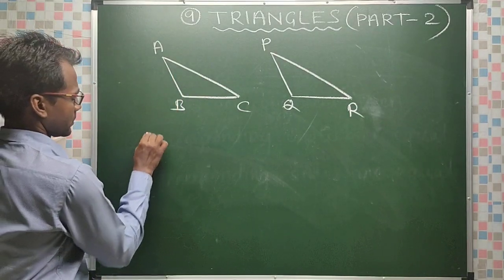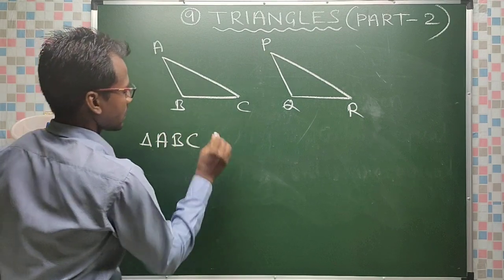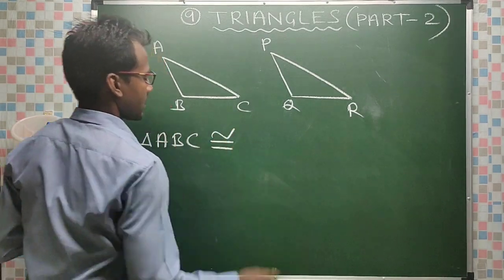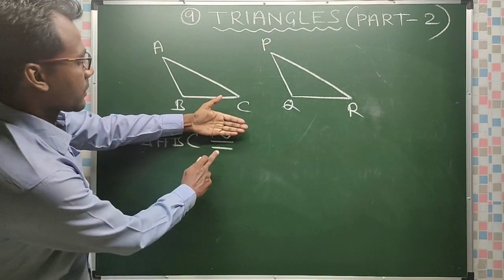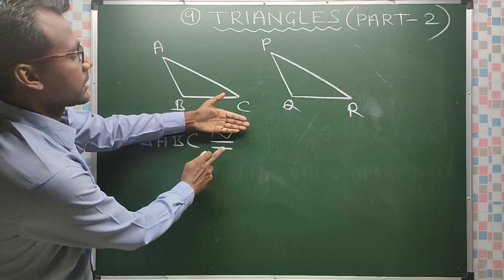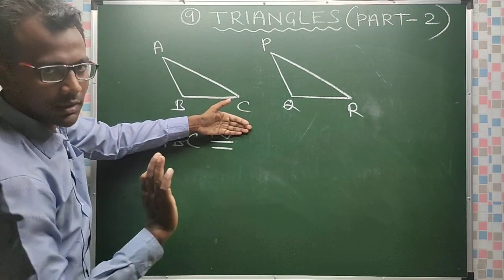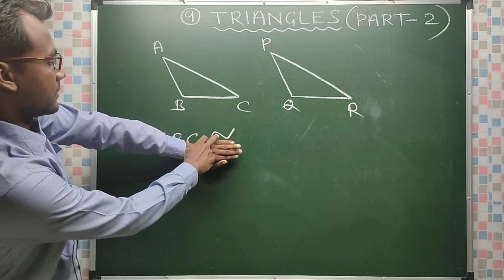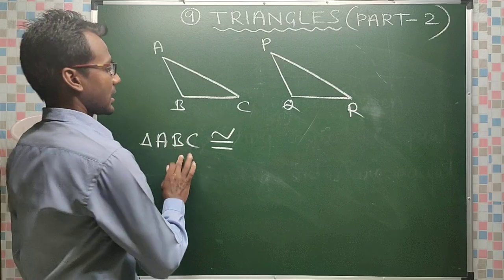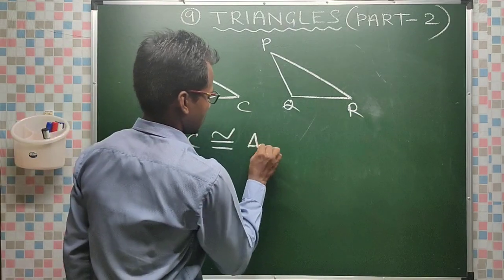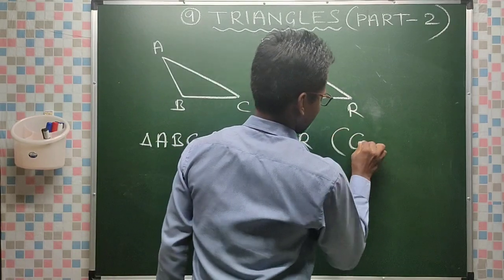Suppose it is given triangle ABC, and this is the sign of congruency. See, this equal to sign tells us that side is same. This sign tells us that shape is same. So triangle ABC is congruent to triangle PQR. Suppose this is given.